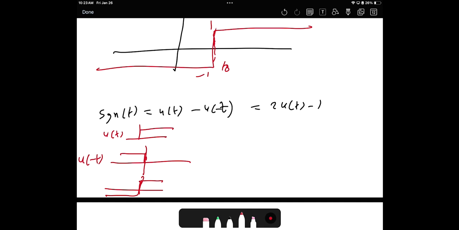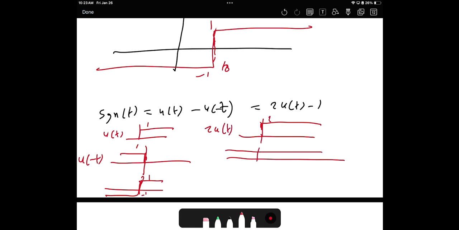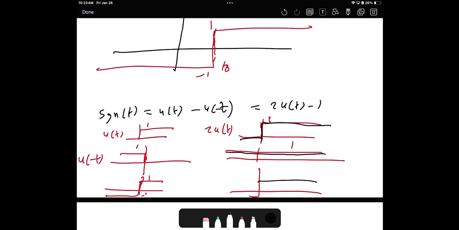Or for 2 u of t, here's 1 and here's 2. Then when you do the subtraction, 2 minus 1 will be 1, and 0 minus 1 will be negative 1.